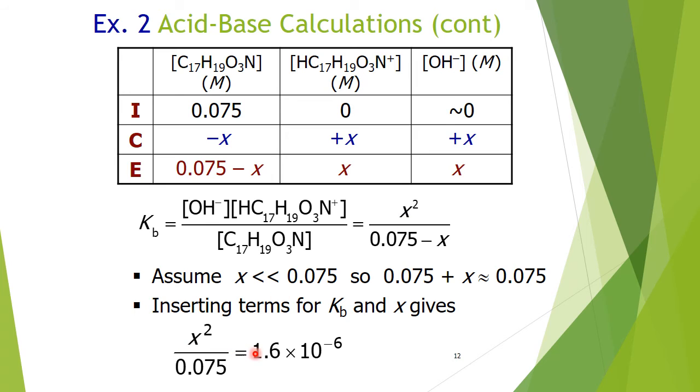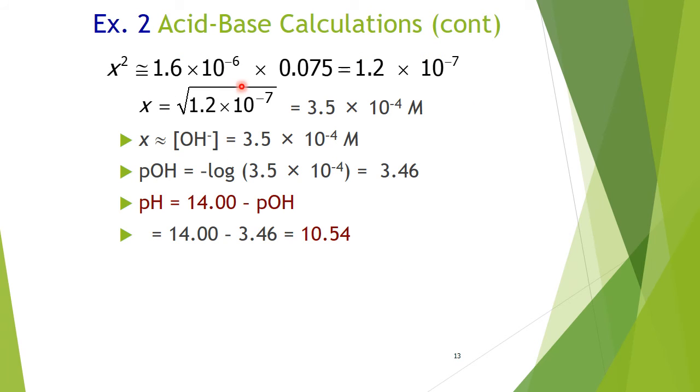Set this equal to the equilibrium constant, and then solve for X, and you figure out the OH minus. And then you can find the pOH, and from the pOH you can figure out the pH.